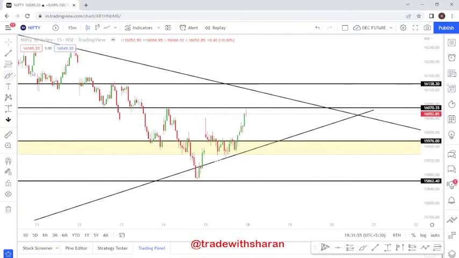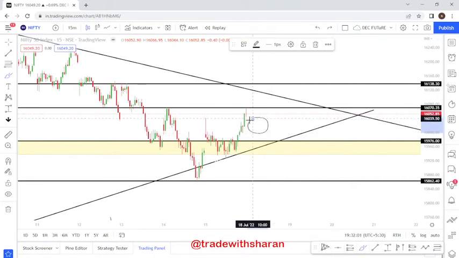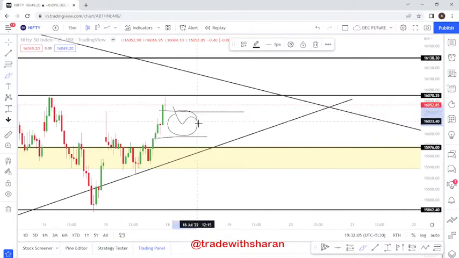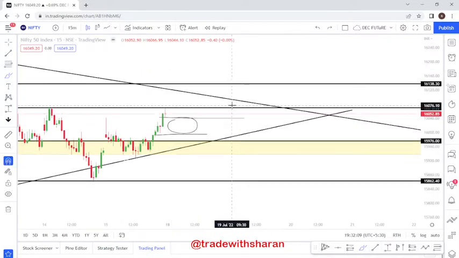Setup number one is if suppose there is an opening which is here downside, right? So wait for the prices to take an action, to create a price action. I'll tell you why.